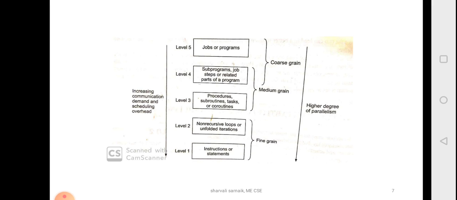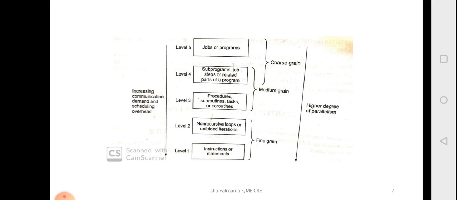So in this diagram, see that at the lowest level, a typical grain contains less than 20 instructions, called fine grain. Depending on individual programs, fine grain parallelism at this level may range from 2 to 1000.